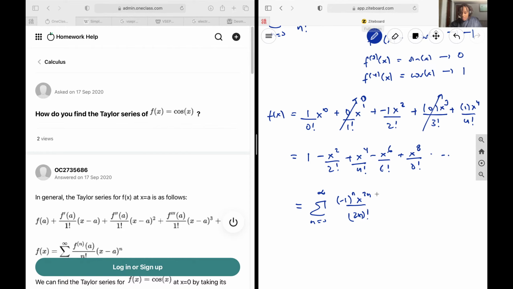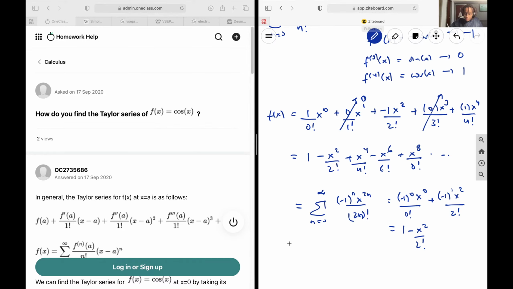Just to show that this is right, when n is equal to 0, this would be negative 1 to the power of 0, x to the power of 0 over 0 factorial. Negative 1 to the power of 0 is 1, so that gives us our first term. Then you get negative 1 to the power of 1, x to the power of 2 over 2 factorial, so negative x squared over 2 factorial. So you see our first terms are correct.